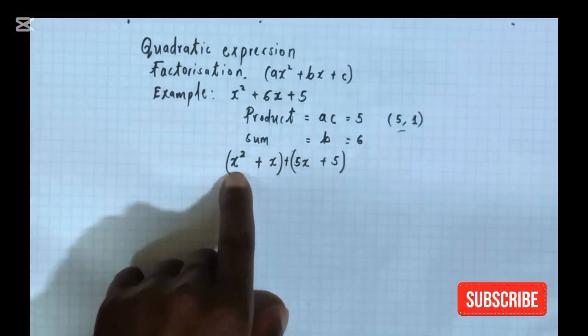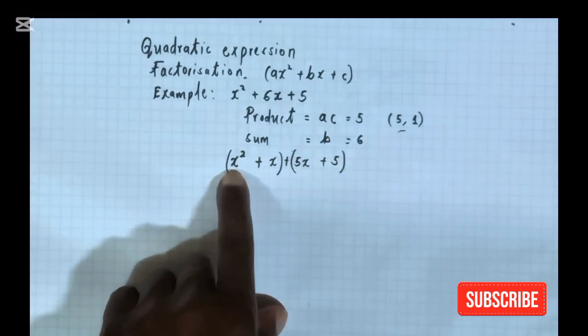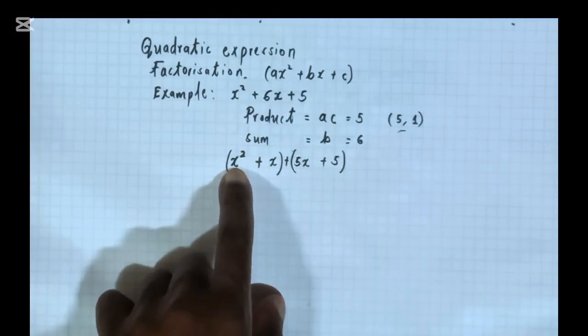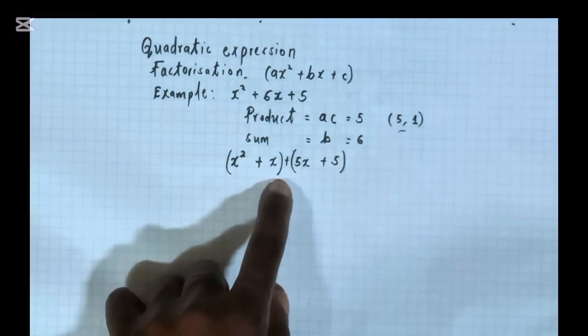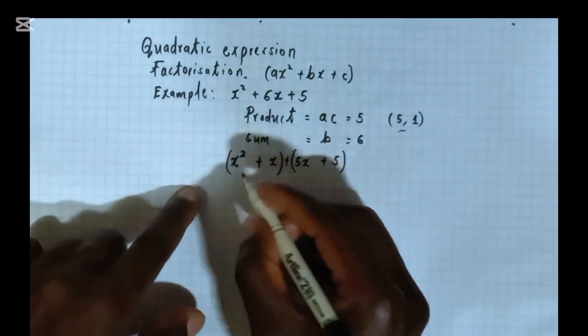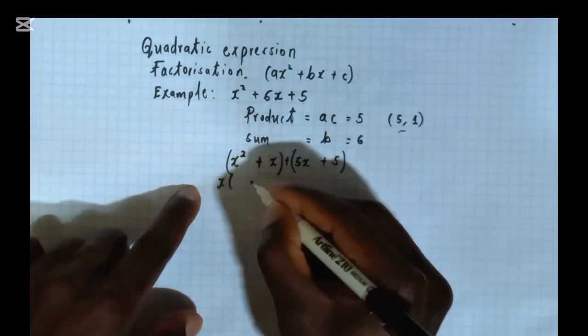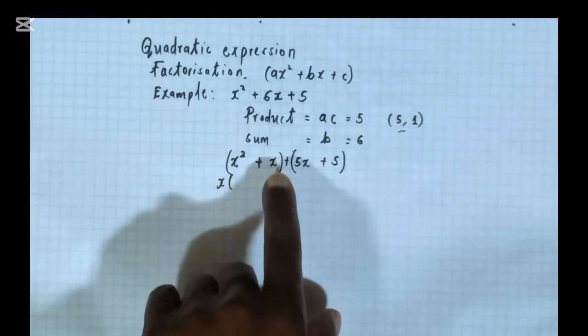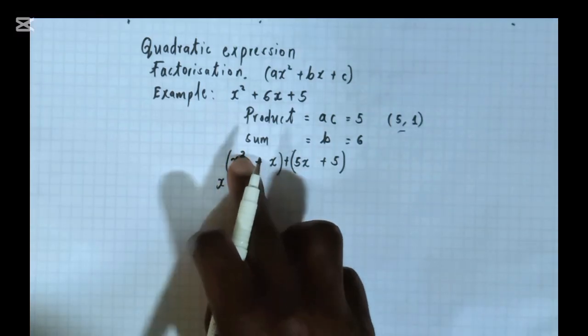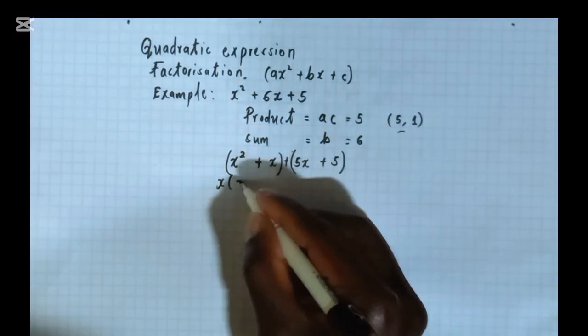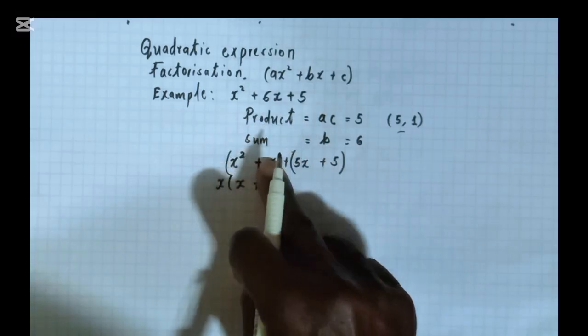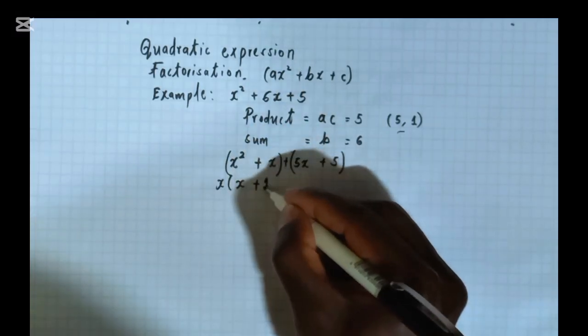So we look at the first pair, and we note that x is a common factor, the GCD there. So we're going to take x out, and to find the terms within the bracket, it's going to be x squared divided by x, which will give us x, plus x divided by x, which will give us 1.